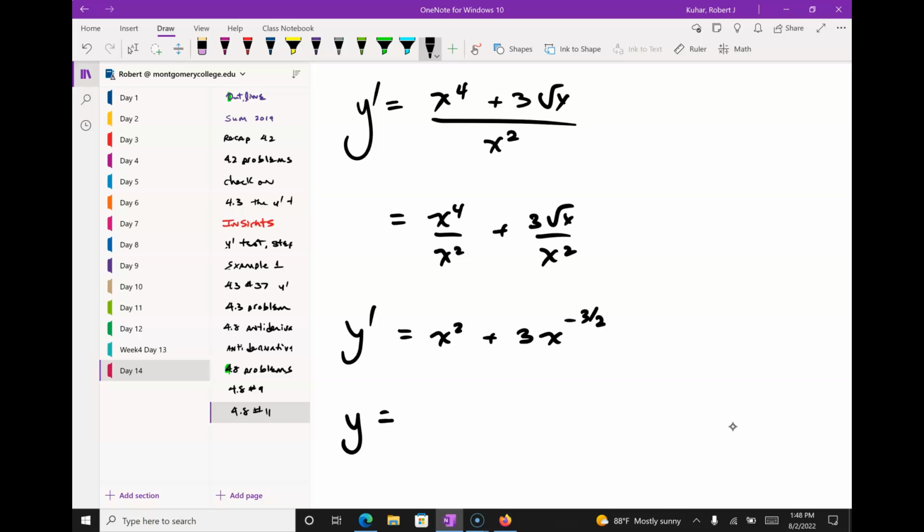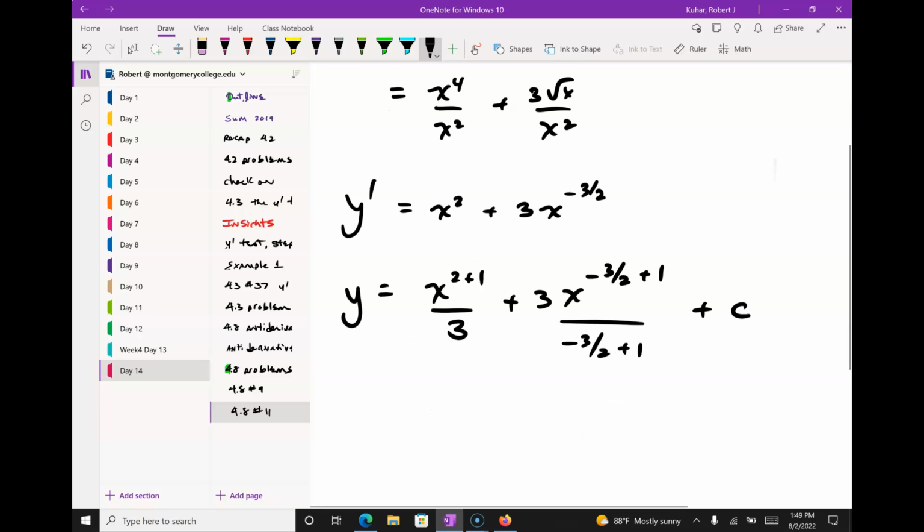What's y? What happens to the x squared? Nope, that's a derivative. I'm doing antiderivatives. It's a power rule, so I'm going to add 1 to the power, divide by the new power, and add a constant c.